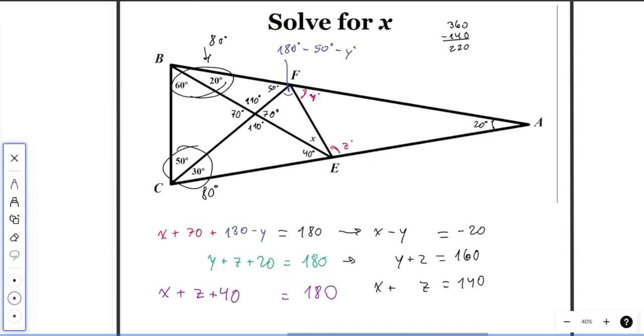Anyway, we labeled all these angles. I'm guessing that I could try to make another equation, but it probably wouldn't help me very much. And maybe one of these equations is linearly dependent on one of the others, and that's why my system of equations keeps breaking apart.